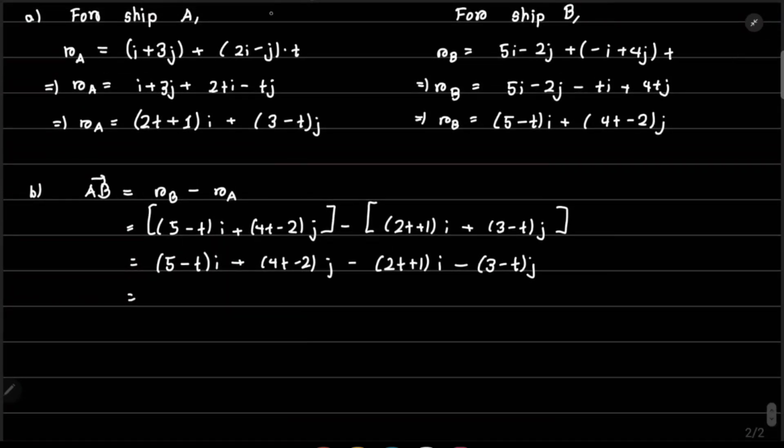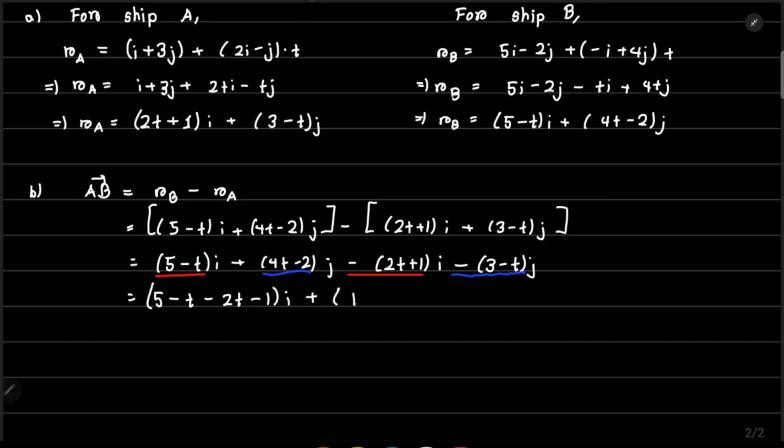So if I calculate for the i component, I'll have 5 minus t minus 2t minus 1 i, and for the j component, we'll have 4t minus 2 minus 3 minus t.